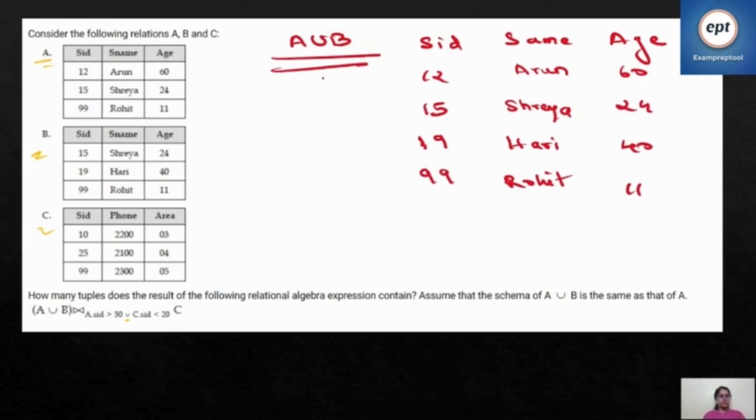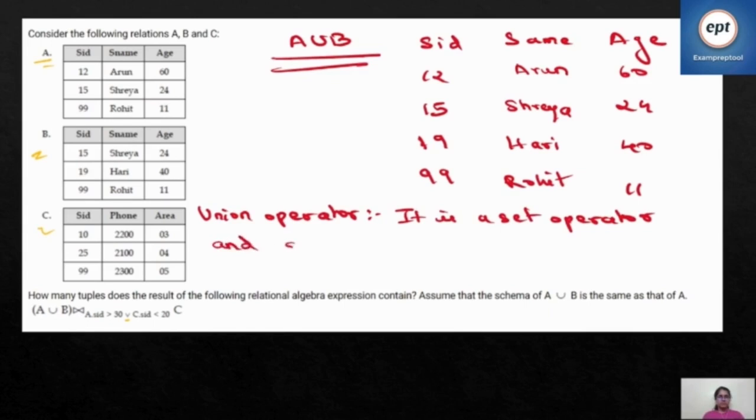Now you have to remember one note for the union operator: it is a set operator, and duplicates will not be included by default.